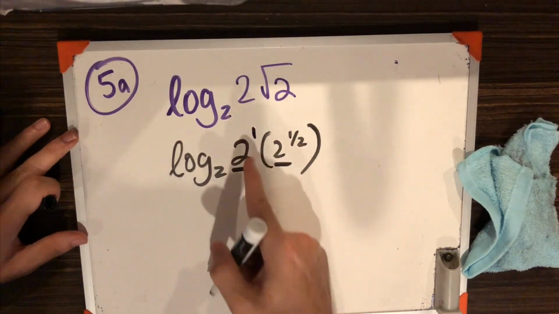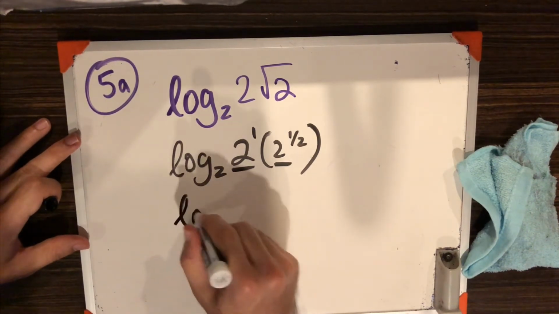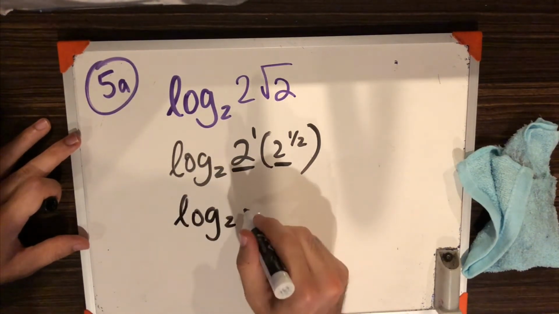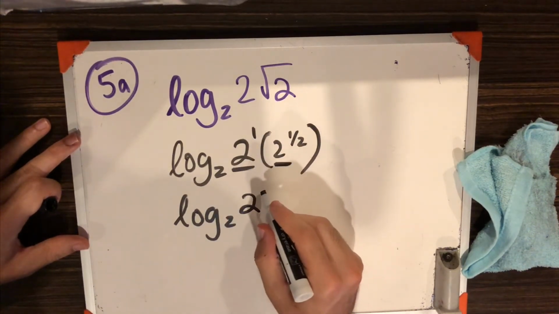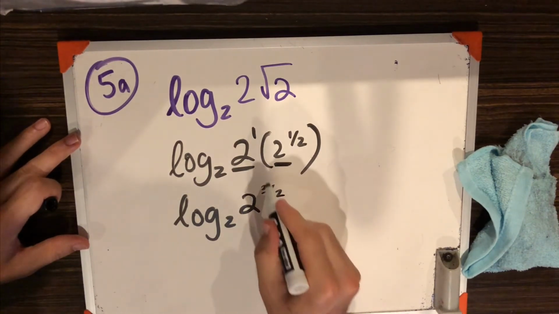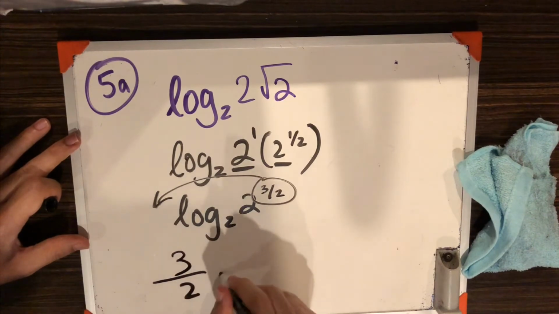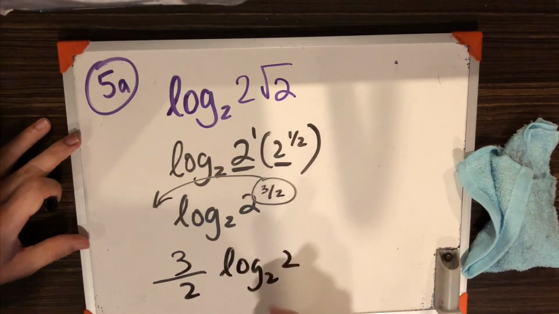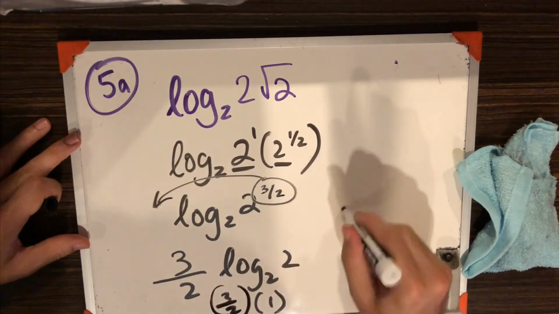Again, this has a power of 1. 1 plus 1 over 2, well, that would be log base 2, and then 2 to the 1 plus 1 over 2 is 3 over 2. Right, now we can end up using power law, bringing that up front. 3 over 2 times log base 2 of 2. Well, log base 2 of 2 is just going to be 1. So 1 times 3 over 2 is just 3 over 2.